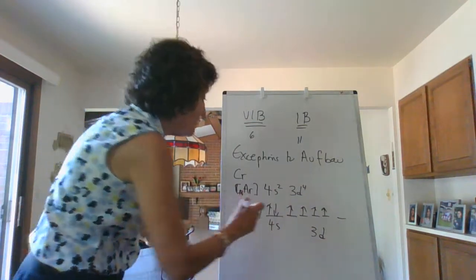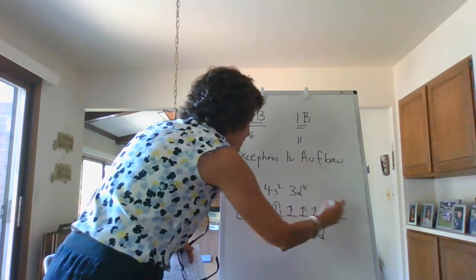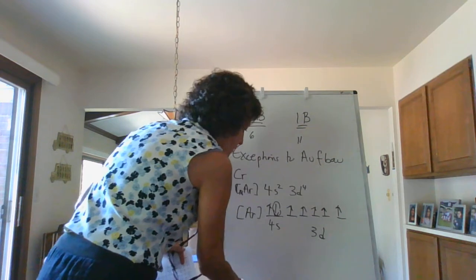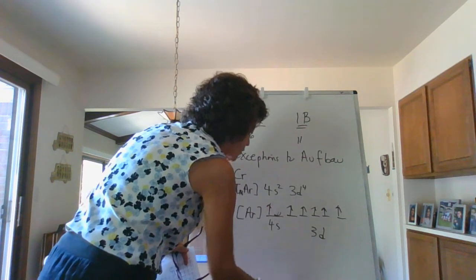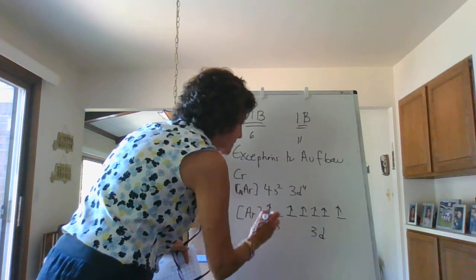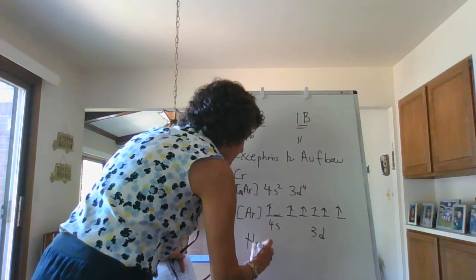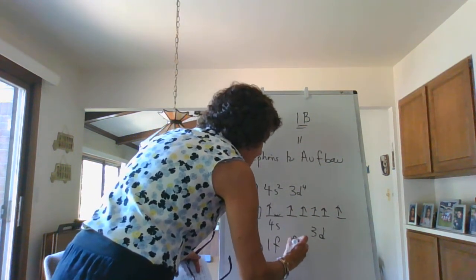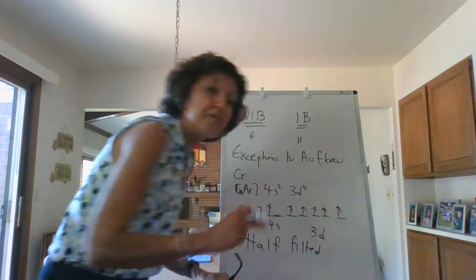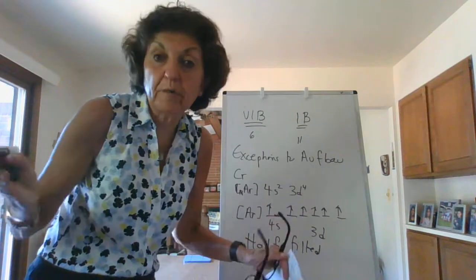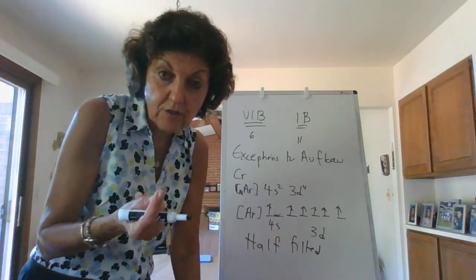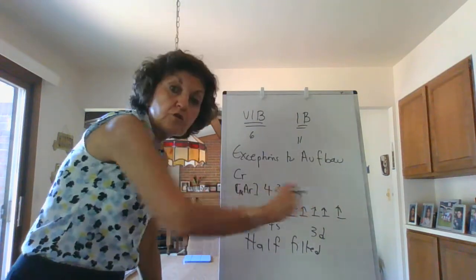If I take this and bring it over here, now look, I've got half filled, half filled. So the key is to go to half filled or completely filled. You can't just promote randomly and promote a whole bunch of electrons. You can promote one electron from an s to a d.